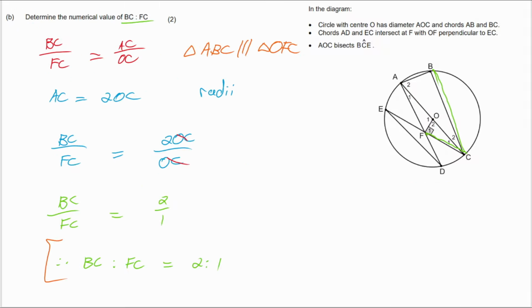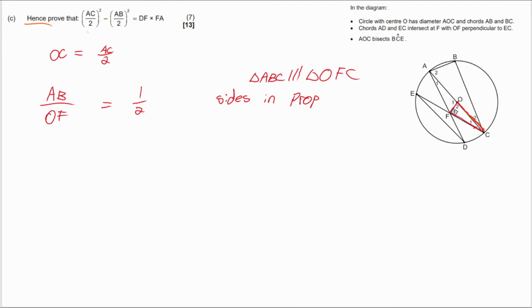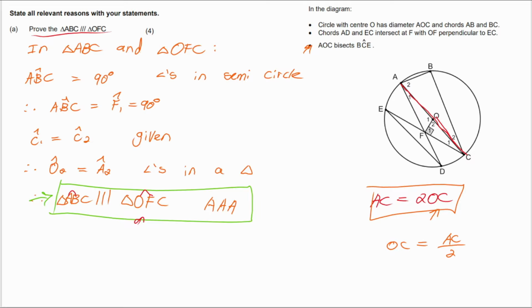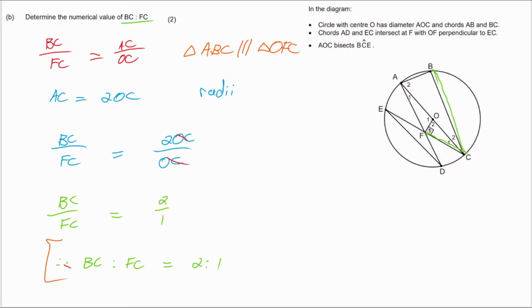Okay, because we had this ratio, right? So BC over FC is 2 over 1. So let me not erase that. If I do BC over FC, I get 2 over 1. We showed that over here.